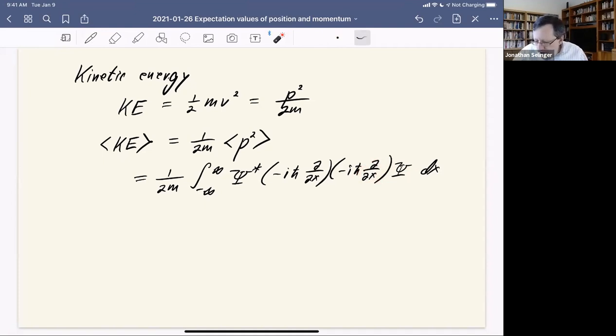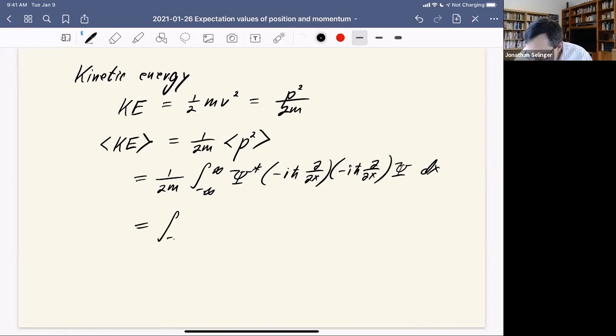Then there's another derivative which acts on the first derivative. It makes a second derivative. Meanwhile, these factors of minus i h bar are just constant factors. I'll put the 2m inside the integral.